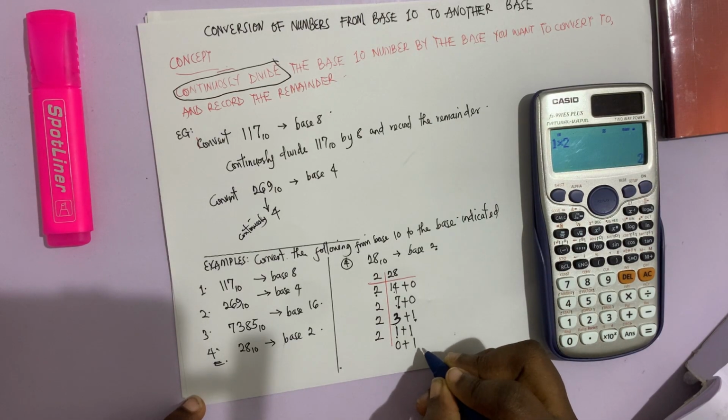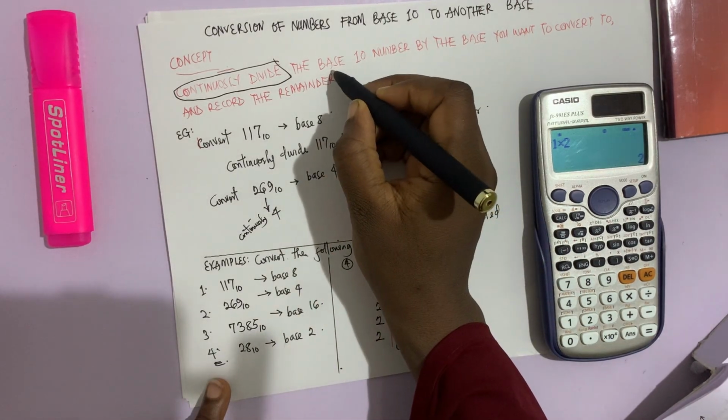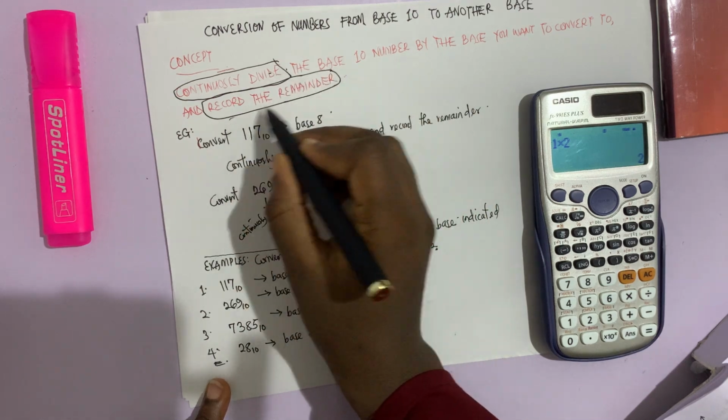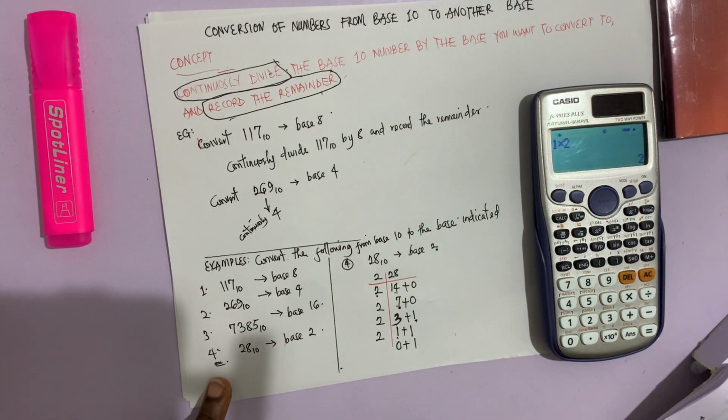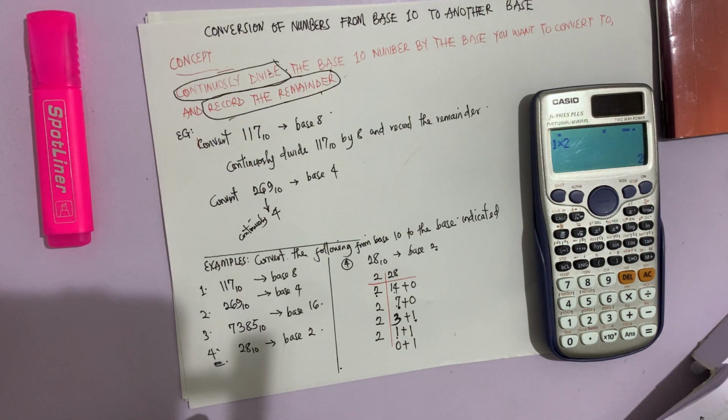So now when you get to this point, you want to record your remainders. Remember, we say that we will continuously divide and record the remainder. Right? So we have continuously divided this. Now, how do we record the remainder?